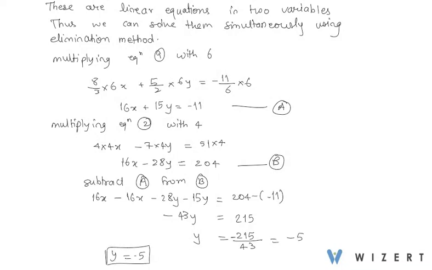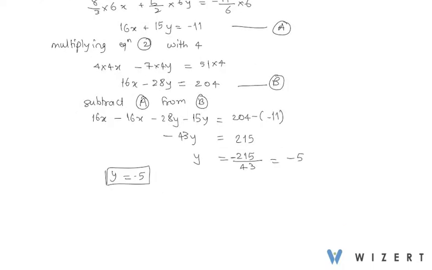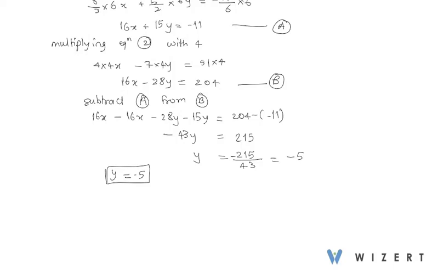Now in order to find value of x, we'll need to put this value of y in equation 2. Putting y value in equation 2, what we get is 4x minus 7y equal to 51. So 4x minus 7 into minus 5 equal to 51.